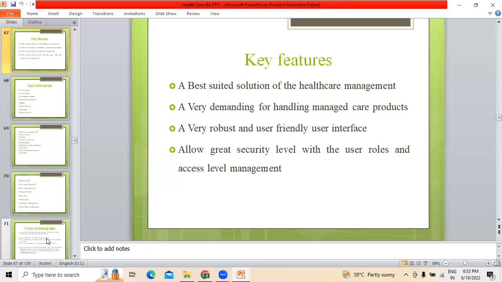Simply, using valid login credentials, they can log into the existing application, and whatever necessary usages they want, they can use. That's how the applications were transformed.